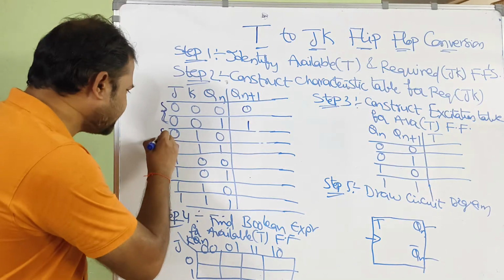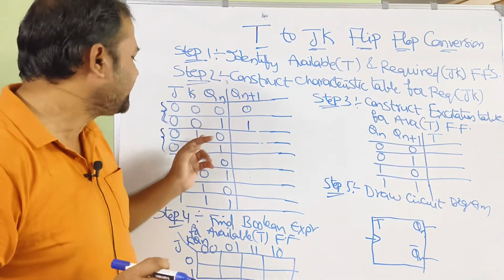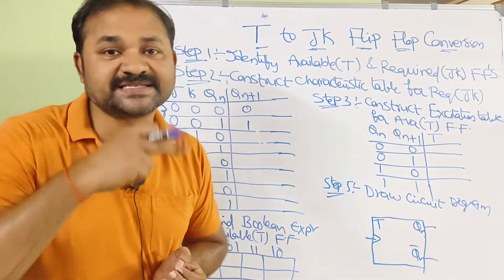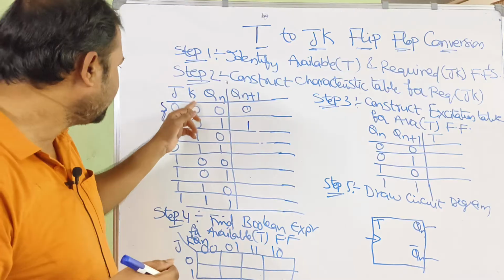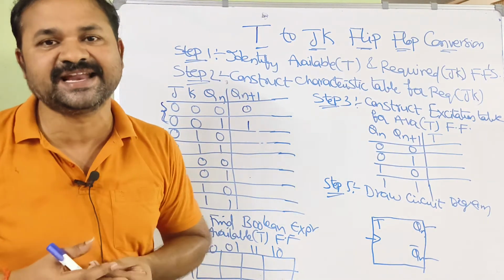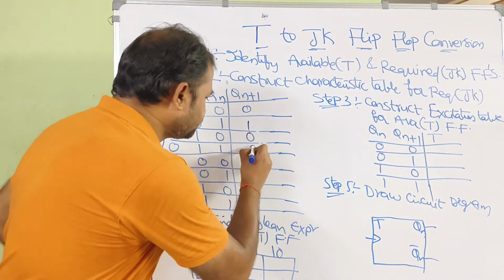Next 2 cases, J value is 0, K value is 1. Here K means reset. Reset means output is 0. So what is the K value? 1. So K value is 1 means reset is enabled, and reset is enabled means output is 0.